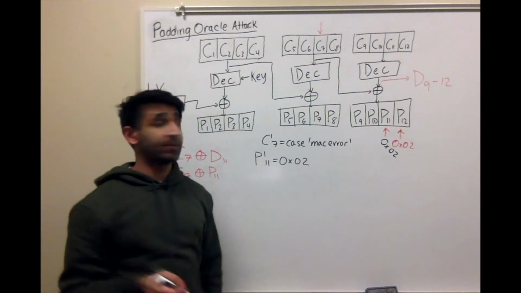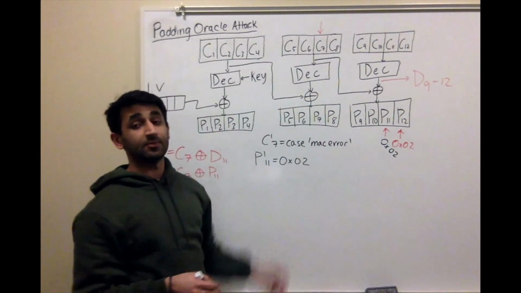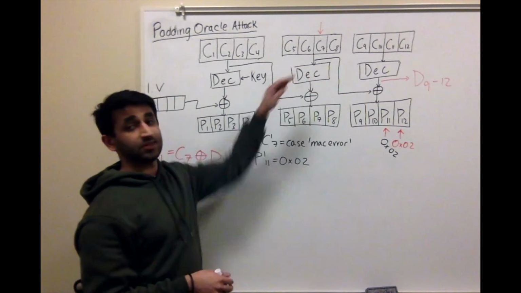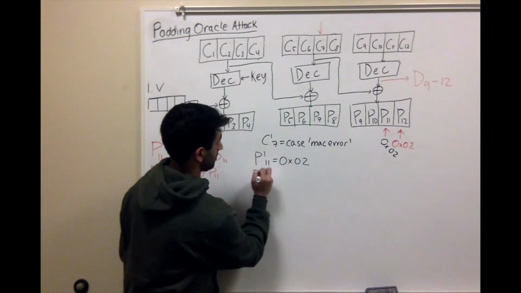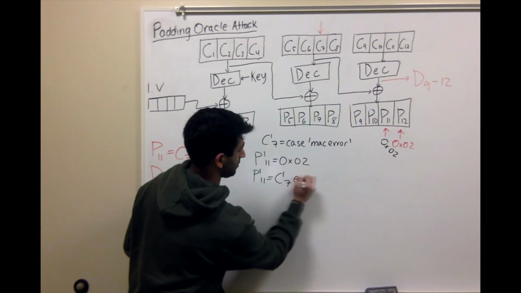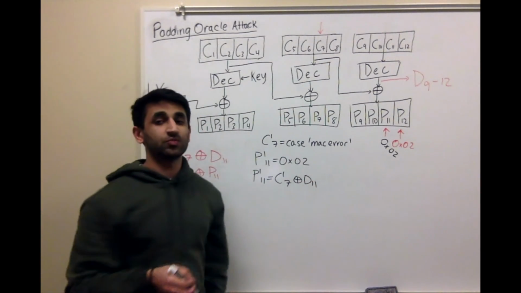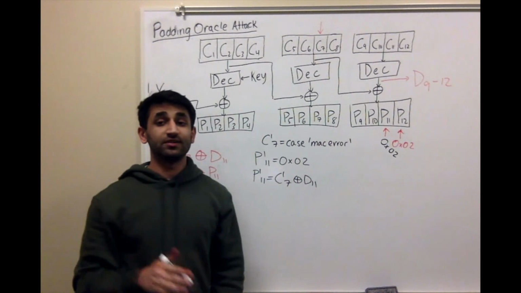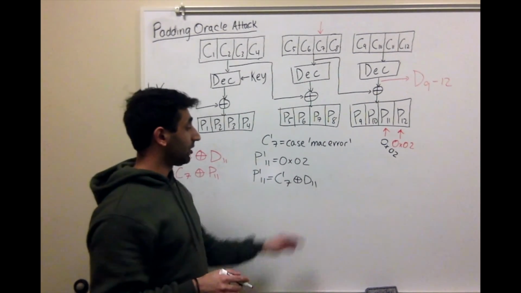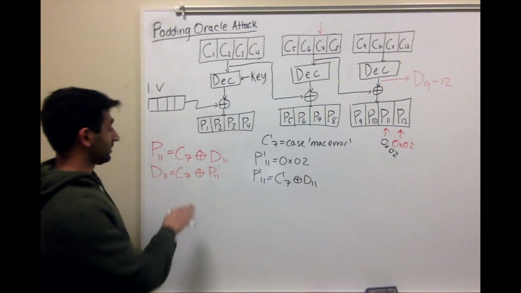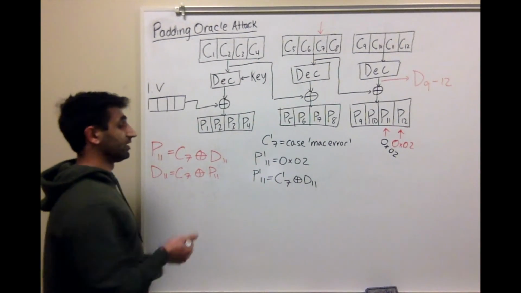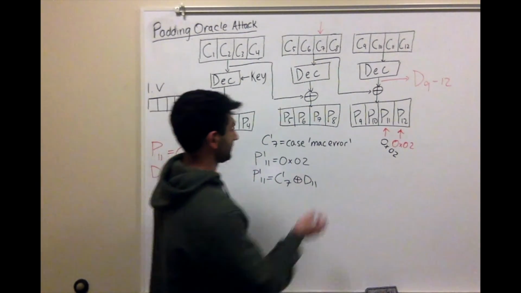We also know that P prime of 11 can be rewritten in terms of our intermediate vector D, as well as in terms of C7. Keep in mind once more, this is still D11, not D prime of 11, since we've not changed C11 or C12 in any way. Now we're simply going to replace D11 with what it represents in terms of the plain text and the original ciphertext.